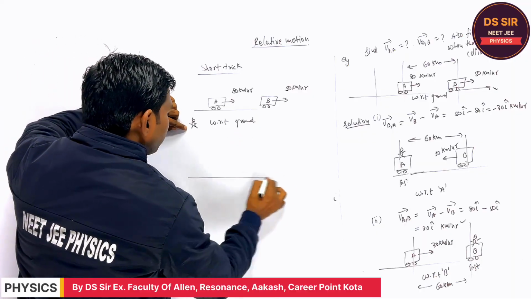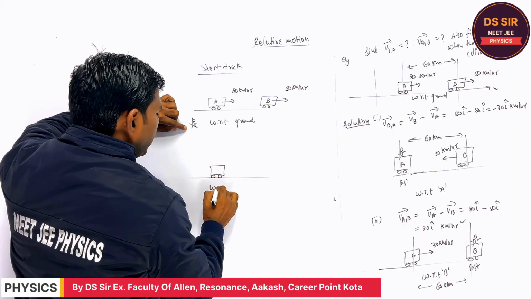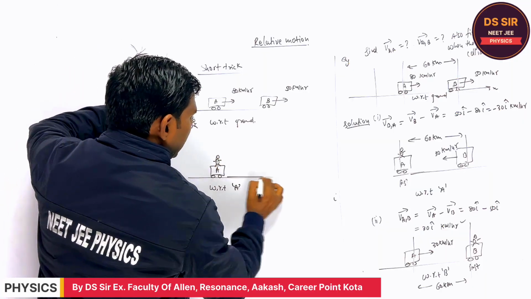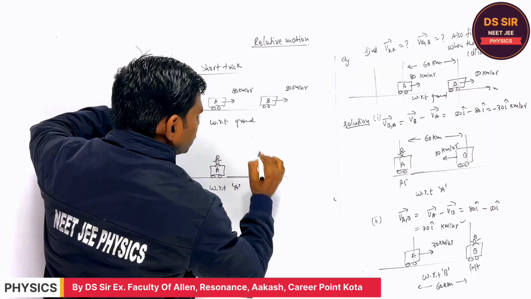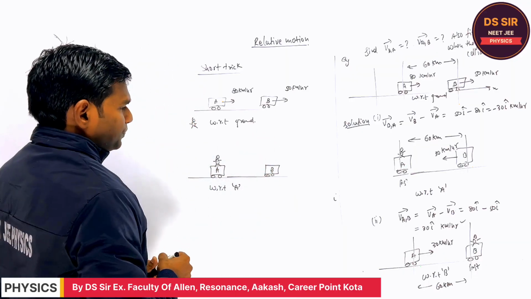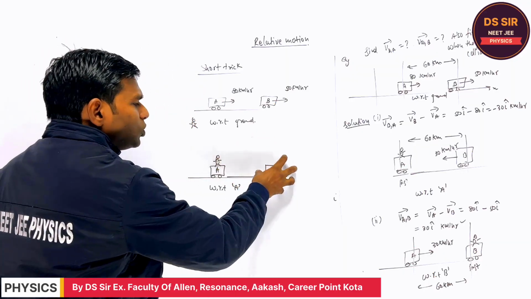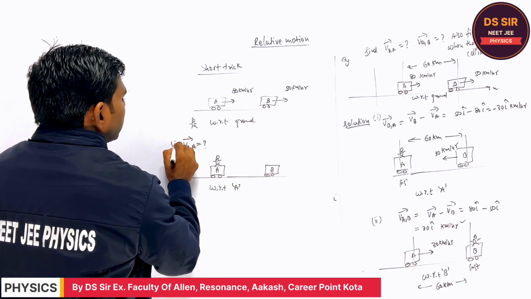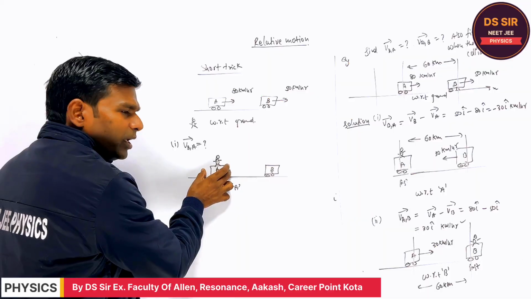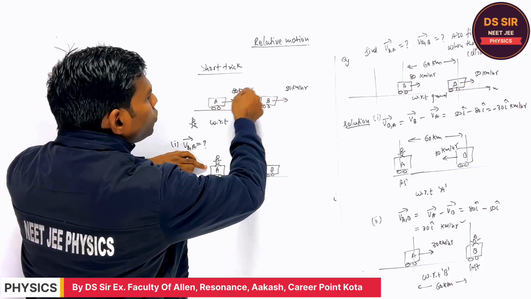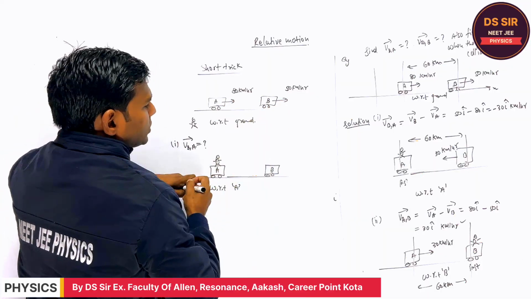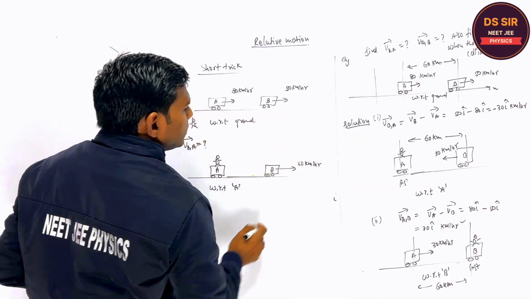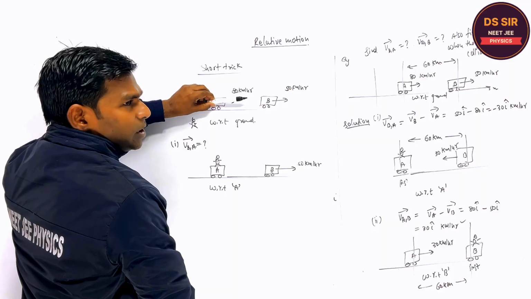Now if you want to make the figure with respect to A, meaning you are sitting on A and observing the car B, to find the relative velocity of B with respect to A, what will you do? You will sit on A and transfer its velocity to B in the opposite direction. B's velocity is 50 km per hour, A's velocity is 80 km per hour.